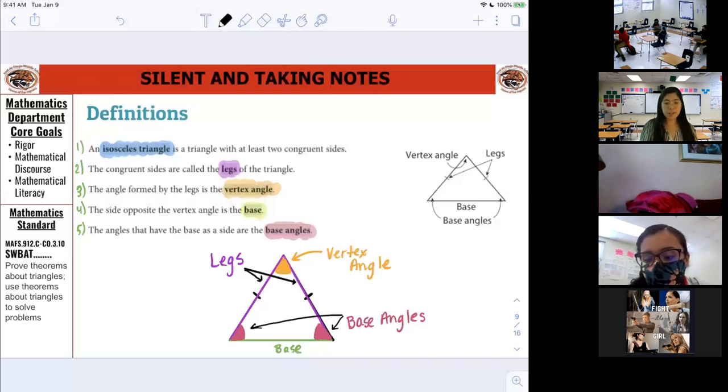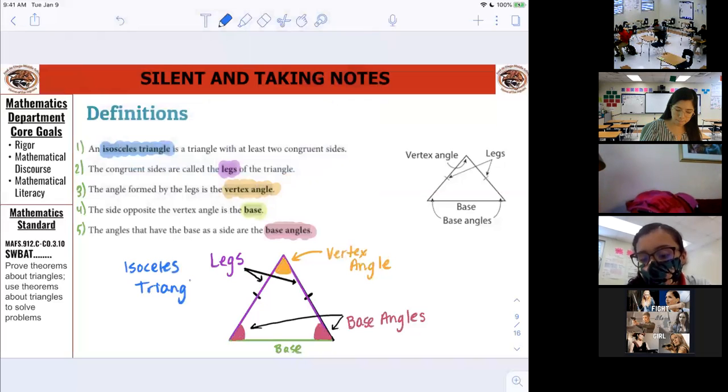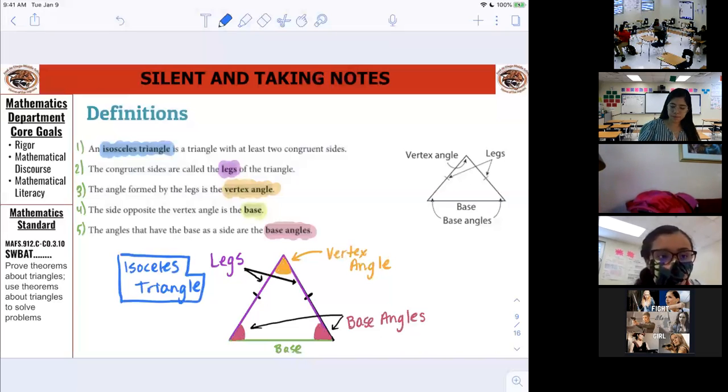Okay. So I tried to make that diagram a little bit more colorful, but those are the four parts of the isosceles triangle that you have to know. Make sure that you remember what each of these means. Any questions on them? Take a screenshot, just have this ready to go in case you need it. I'm going to move on to the next slide though. Questions going once, going twice.